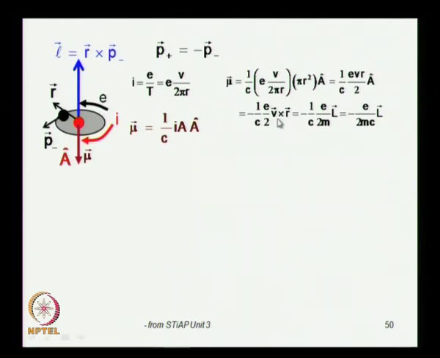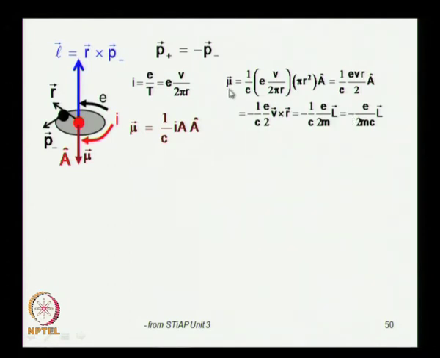So v cross r is the same as p cross r by m. So you get the angular momentum divided by m coming out of it. You find that there is a magnetic moment associated with an orbital angular momentum, but the sign is negative over here, because the angular momentum and the magnetic moment have opposite signs. You have already seen it over here, that the angular momentum has this sign and the magnetic moment has the opposite sign. So there is a minus sign over here.